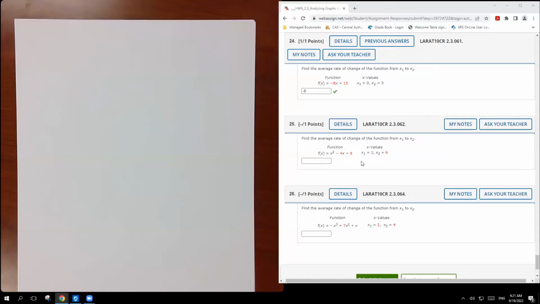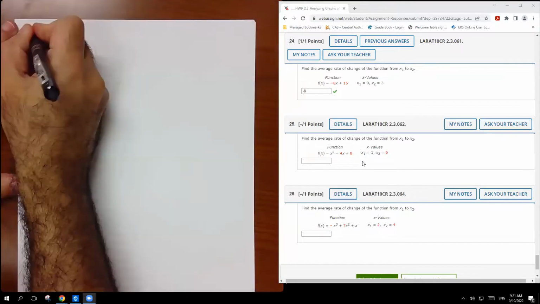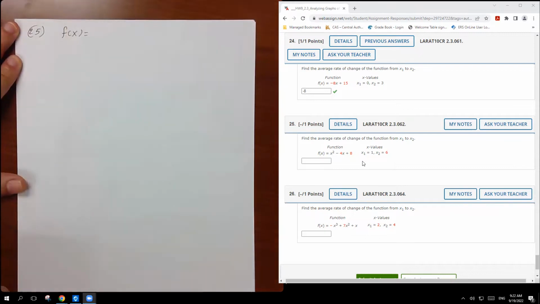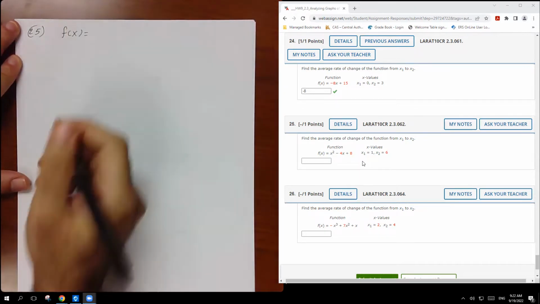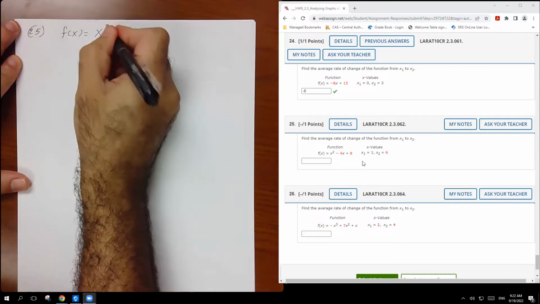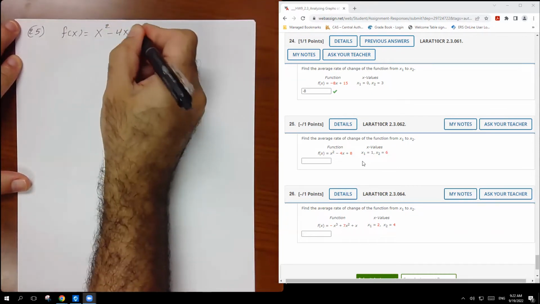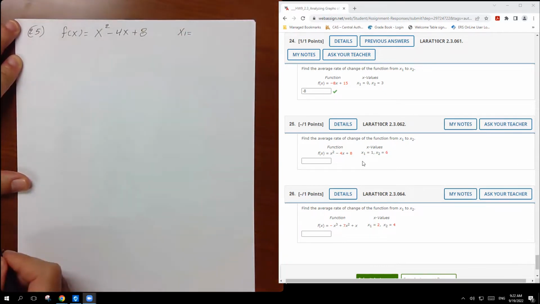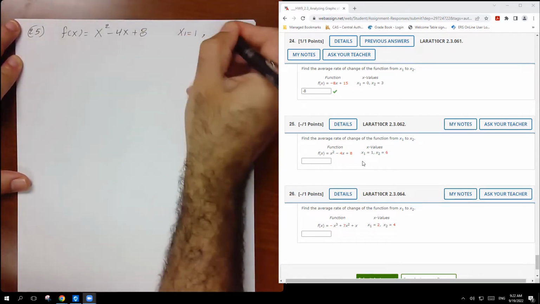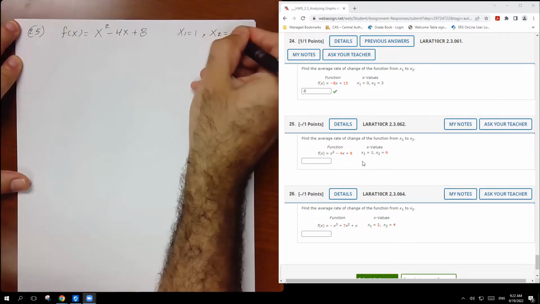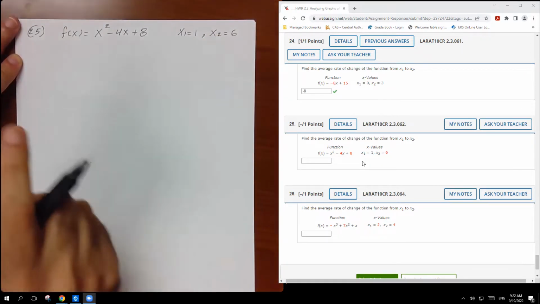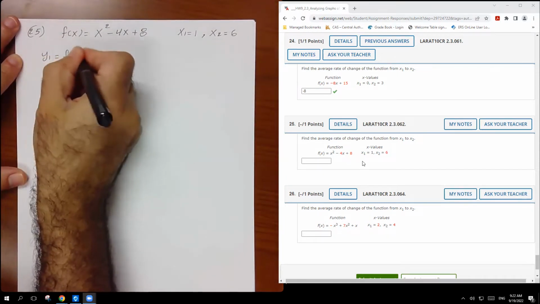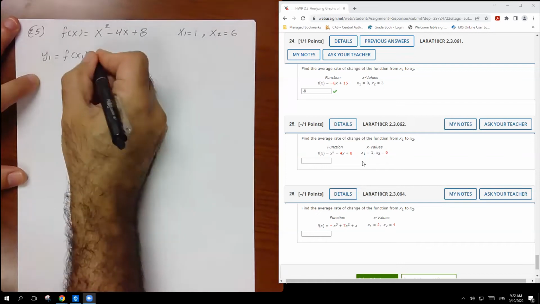We have the function f of x equal x squared minus 4x plus 8, and we have x1 equal 1 and x2 equal 6. Now we need to find f of x1, which is y1.